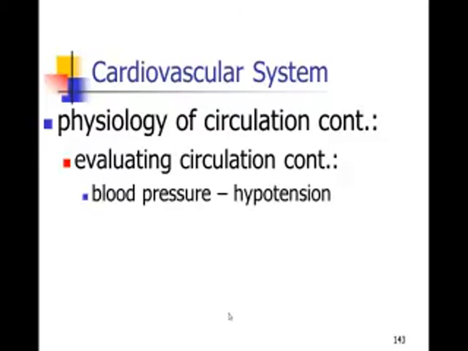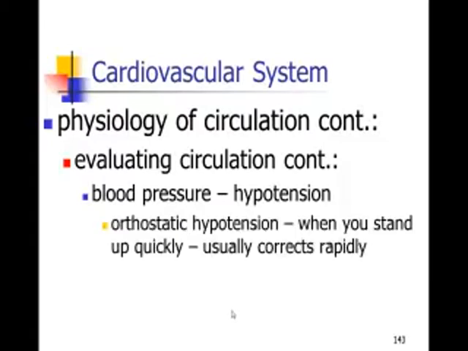So sometimes people have low blood pressure. Low blood pressure is called hypotension. And orthostatic hypotension occurs in your brain when you stand up, and this is just because of gravity.